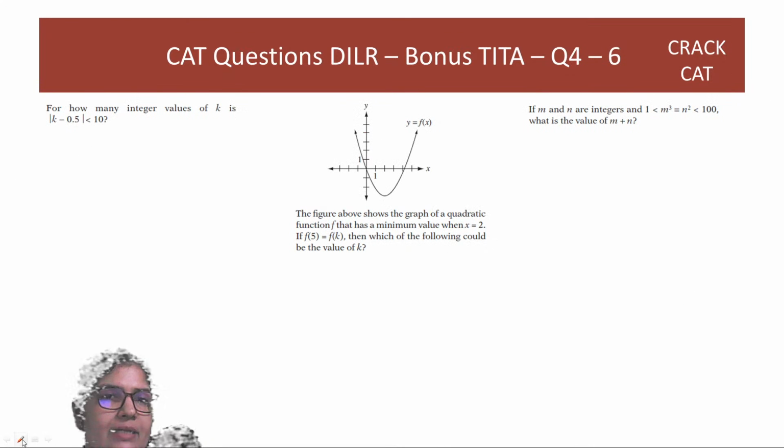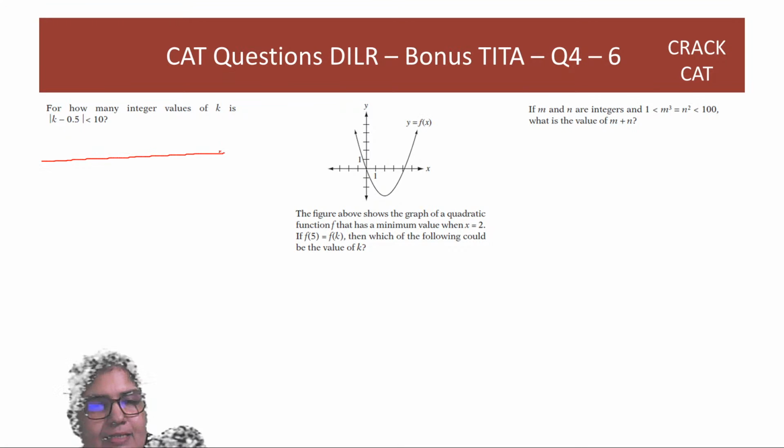For how many integer values of k is this true? So the way you should see it, guys, is the distance of k from 0.5 is less than 10. So here at 9.5, right? It will work up to 9, and at 10 it is 9.5.